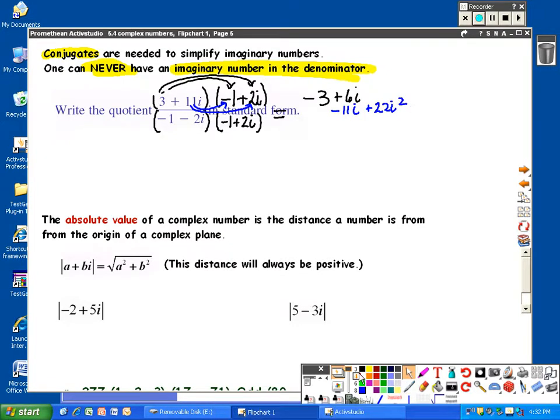So that gives me negative 3 minus 5i. The i squared gets replaced with a negative 1, so I have negative 3 minus 22, which is a negative 25 minus 5i for my numerator.